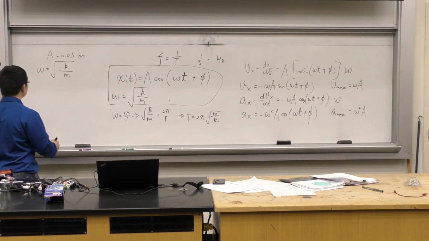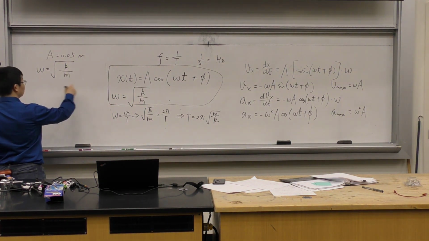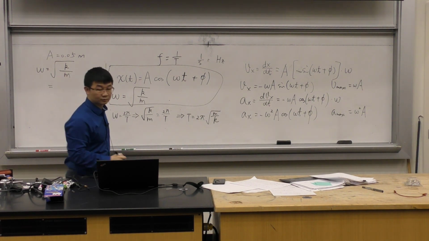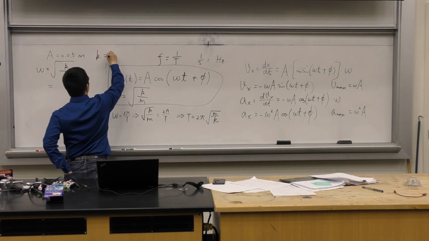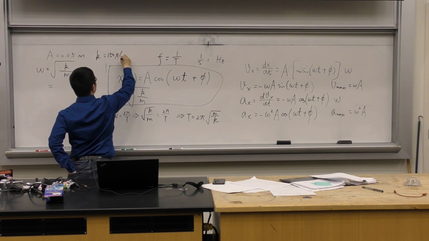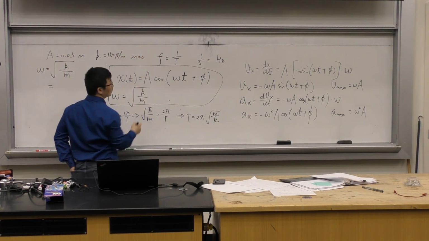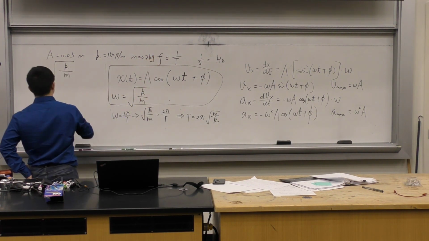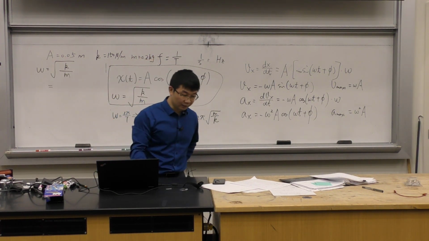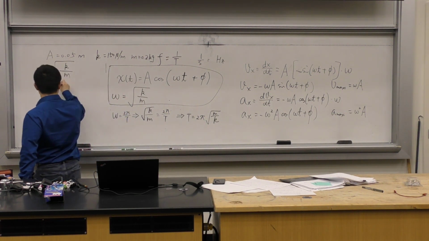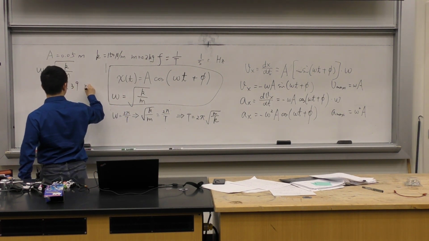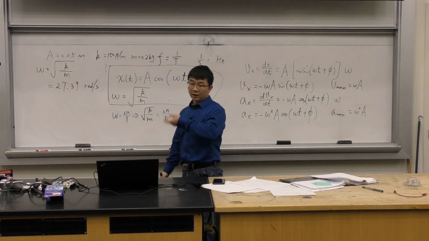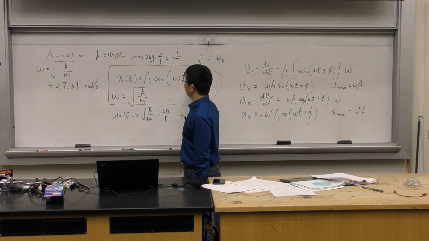All right, so the omega, you plug all these numbers in. The k, what is k from the problem? 150 newtons per meter. The mass is 0.2 kilograms. All right, plug all the numbers in. The omega you find should be this many radians per second. Okay. Now I can plug numbers into this equation, right? Phi equals 0.